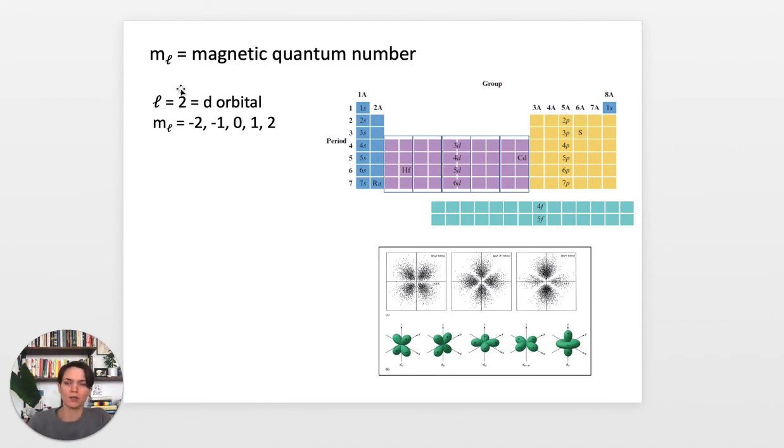So if L is 2, we have a d orbital. Within the d orbitals, you can have the range, remember, negative L to L, inclusive of 0. So these are our possible values for M sub L. That's going to correspond to these 5 different lobes, or suborbitals, however you want to think of it, in that particular orbit.